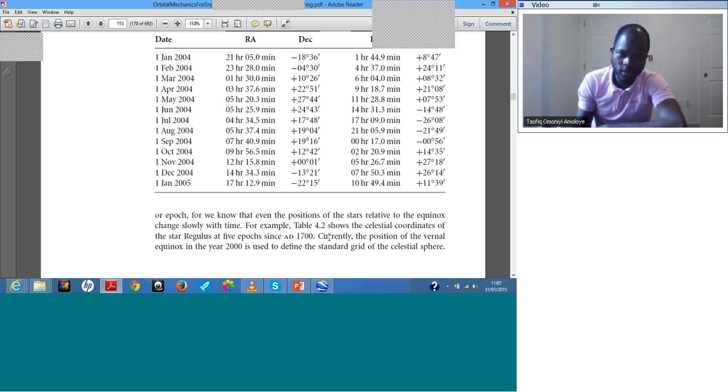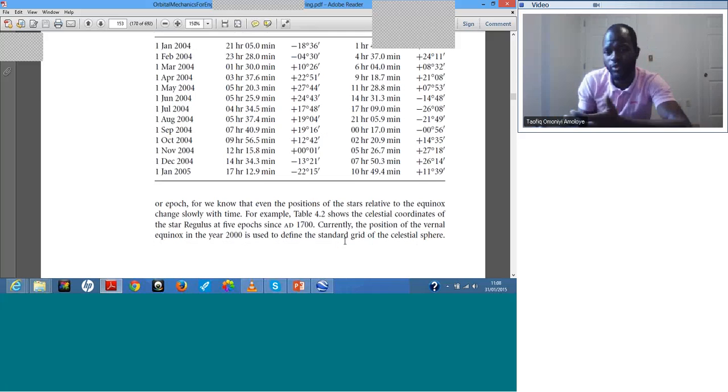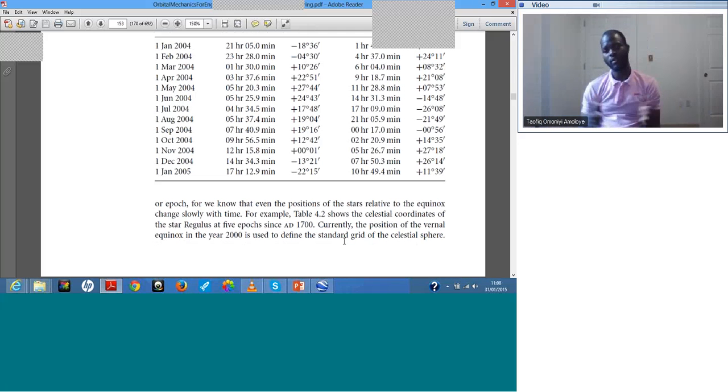Currently the position of the vernal equinox in the year 2000 is used to define the standard grid of the celestial sphere. Because everything is in constant motion but we still have to make our engineering calculations, it's good to define a position that will be used for a length of time, and then make corrections for the known changes in that position with time.